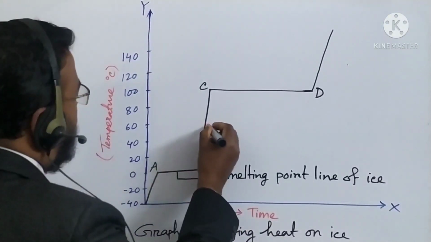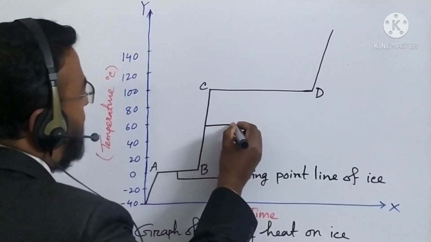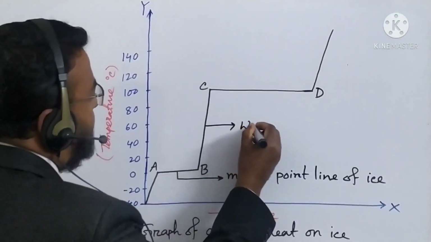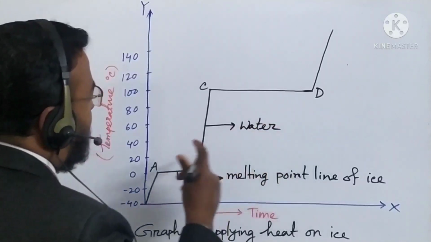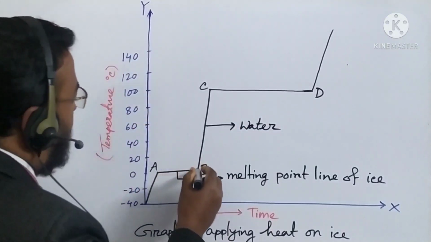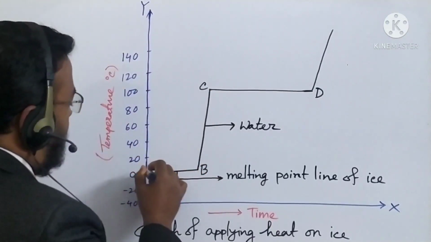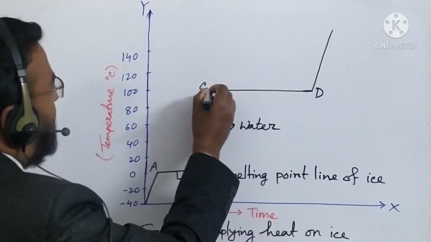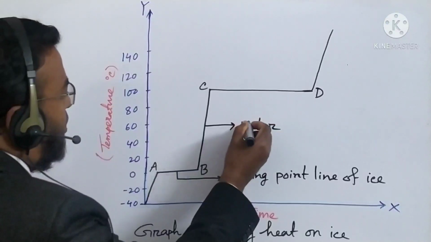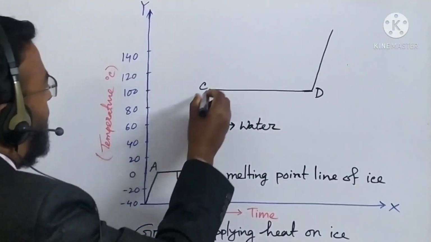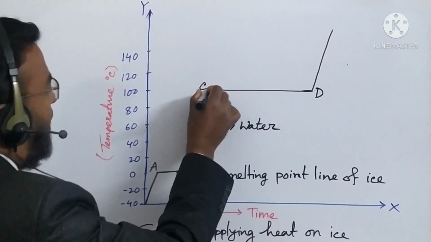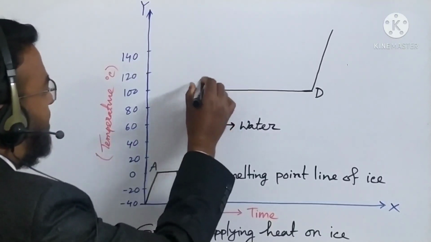Now it starts, it is the water, BC line. When the temperature comes from B to C, that means from 0 degree to 100 degree Celsius, this is liquid condition water. Now when it is coming to the 100 degree Celsius, then it starts boiling.